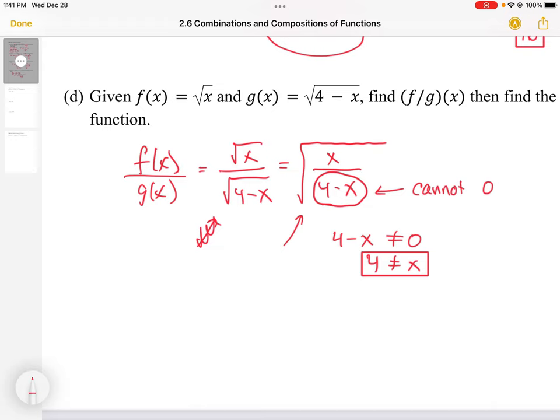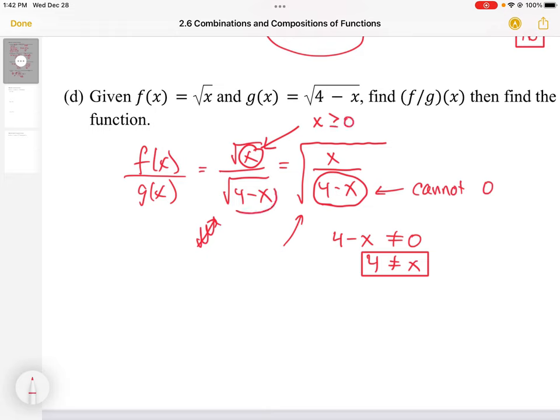So we have to make sure that we take that into account. In addition to that, we have a couple of square roots that we have to think through a little bit. So we know that when we're taking square roots, the inside of the radical cannot be negative. So we have the square root of x. We know right here that our domain for the square root of x has to be greater than or equal to 0.